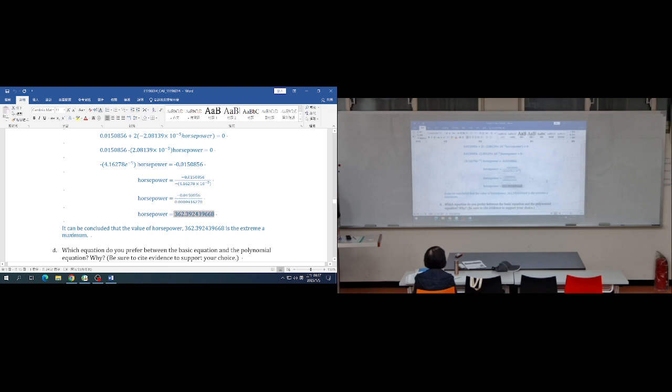I think it's the extreme maximum, because since it is an inverse U shape, it will be at the maximum.